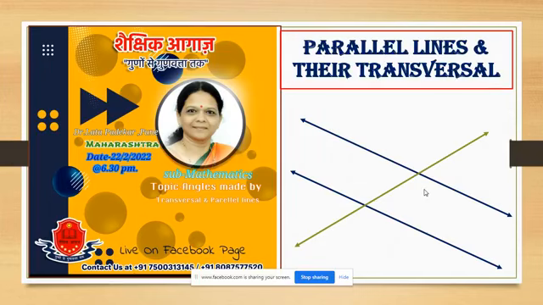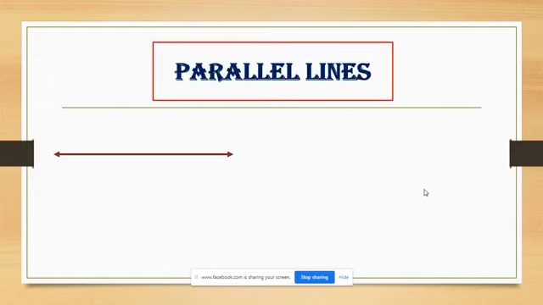Okay. Now let's turn to the angles made by transversal and parallel lines. See, in this slide you can see the figure of a line. We know a line increases infinitely towards its both ends.